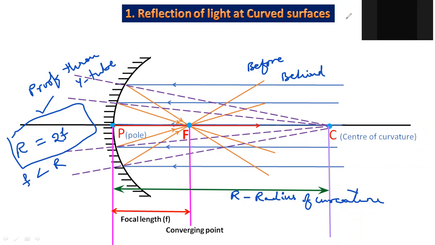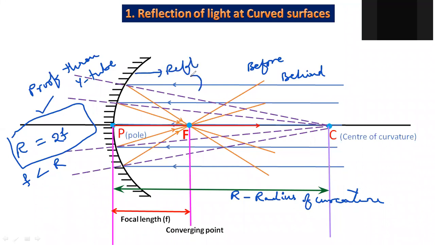Anyone? Unmute and answer. Where is the converging point located, in front of the concave mirror or behind it? Before. Very good. It is before. See here, it is the reflecting surface, right?